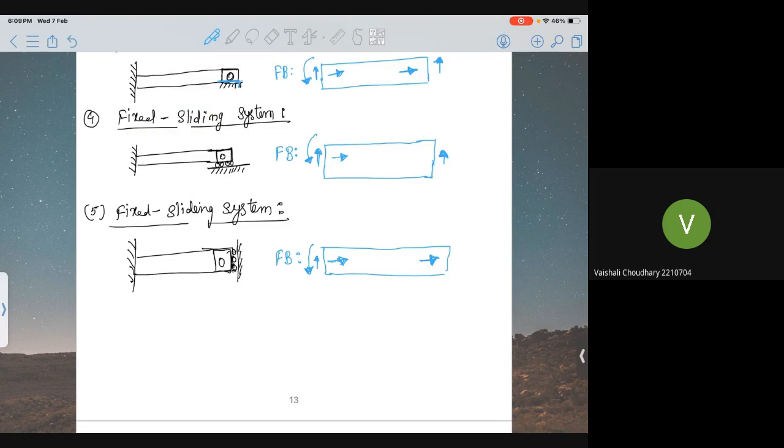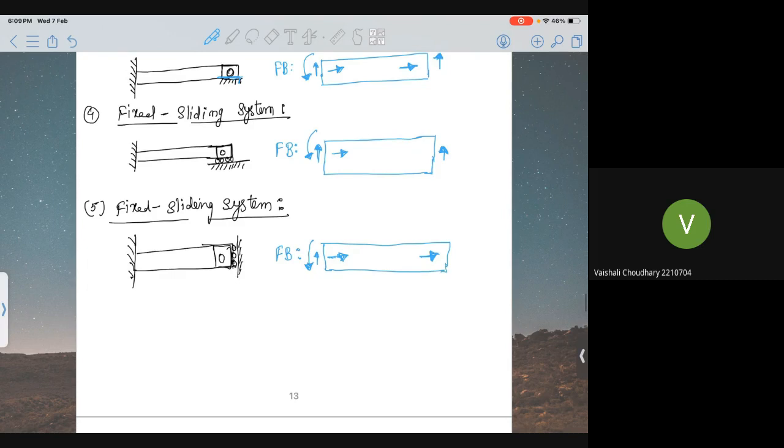Also it is pinned, so we can have rotational motion also. Only the horizontal motion we can't have. So that system will experience a force in x direction.